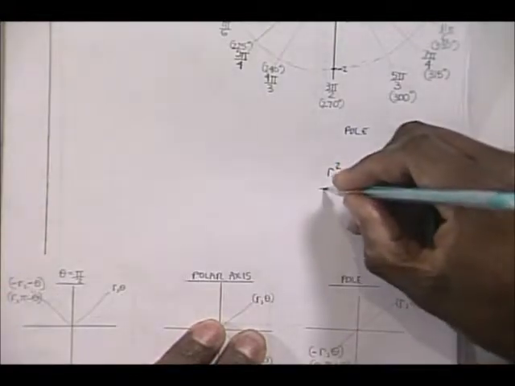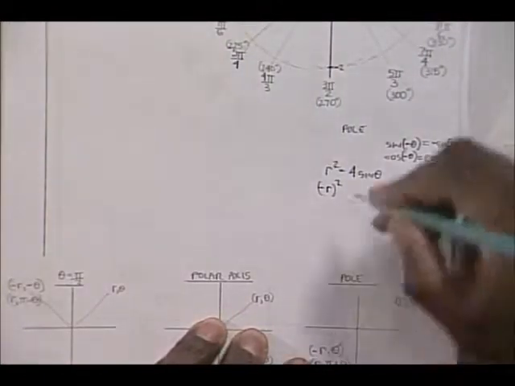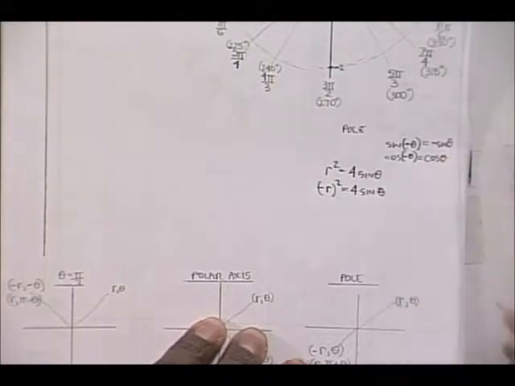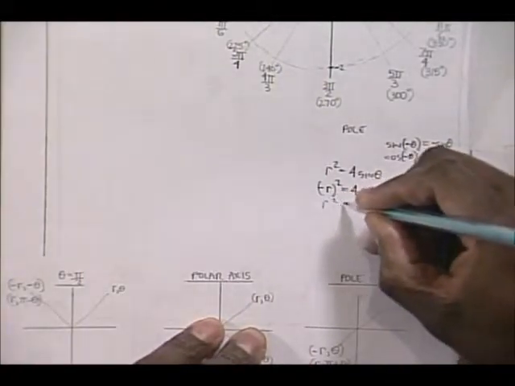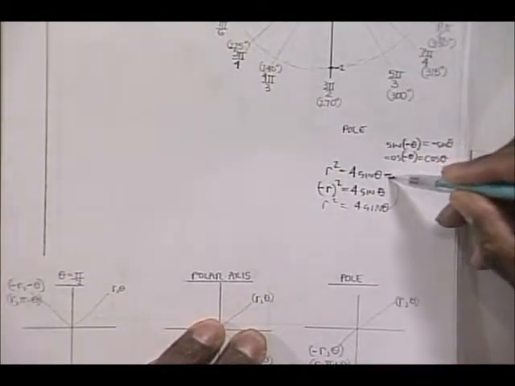So I'm sort of using my understanding of trigonometry that students who study this topic would already have a handle on. So we have a negative r squared. I'm substituting in negative r, theta, which is equal to 4 sine of theta, yielding r squared is equal to 4 sine theta. Notice how we end up with the same exact equation that we began with.